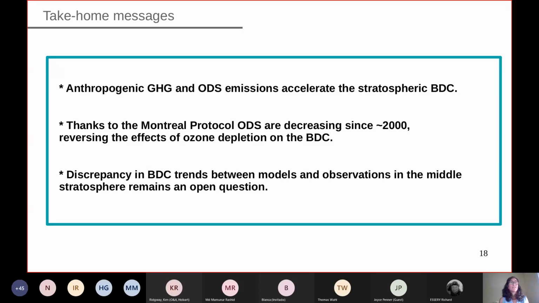And then thanks to the Montreal Protocol, we know that ODSs are declining now since 2000, and this is reversing the effects of ozone depletion on the BDC. And then this final warning on the still remaining open question, the discrepancy in the trends between models and observations regarding BDC trends in the middle stratosphere, which is an open question right now in the community.